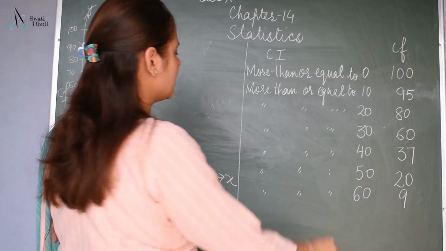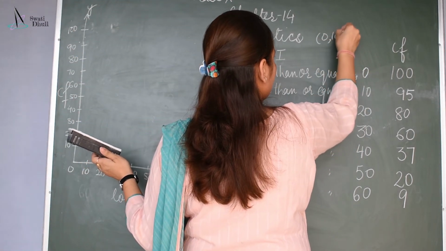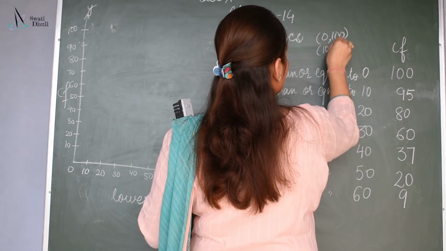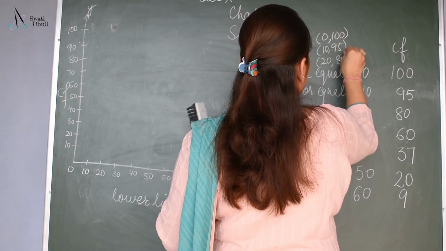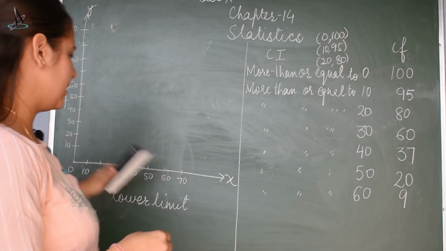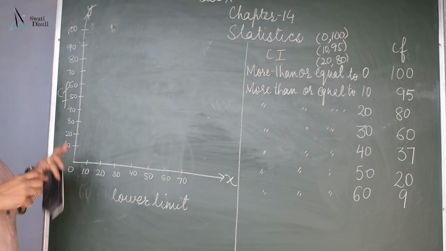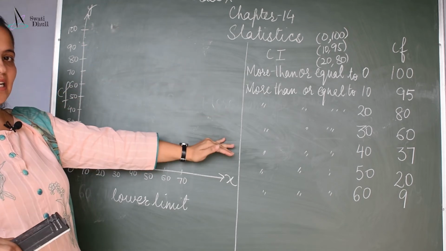Now let's plot the points. So your first point will be 0, 100. Then the second point will be 10, 95. Third will be 20, 80. So similarly you will get the points. So let's start plotting the points. 0, 100. See, your more than type ogive starts from top and goes till bottom.